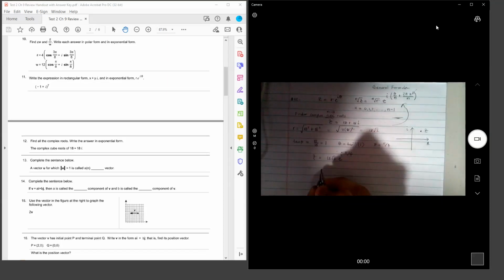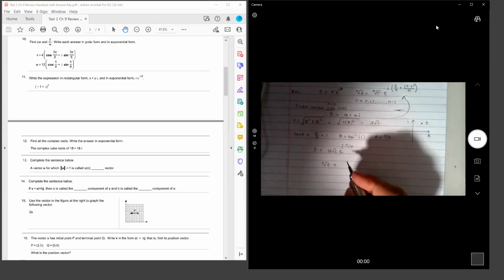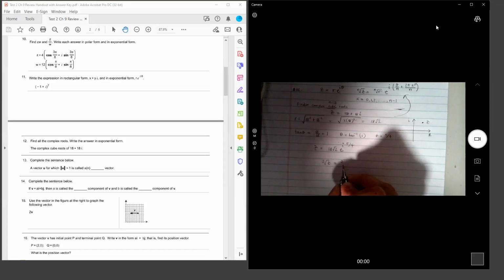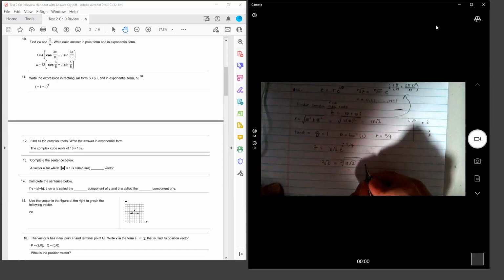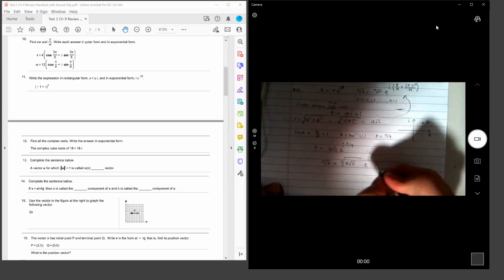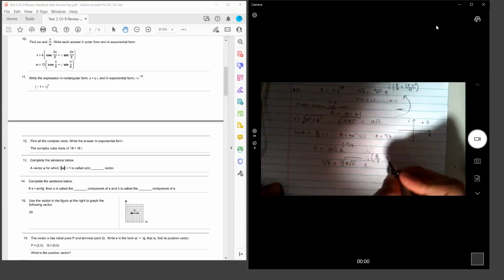Let's find the cube root of z, which is then equal to the cube root of 18 square root of 2, oh, that's going to be fun, e to the i, pi over 4 divided by 3 plus 2 pi k divided by 3.